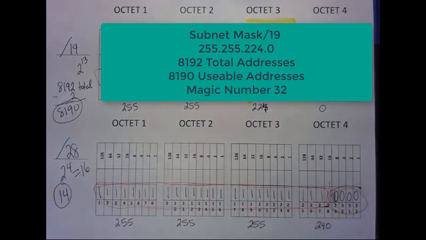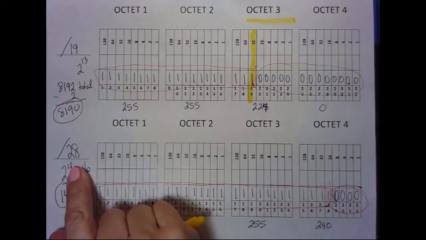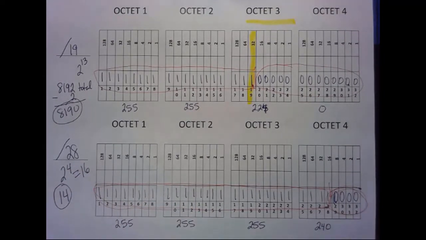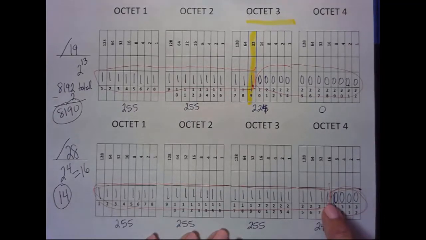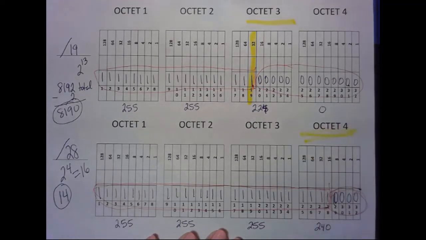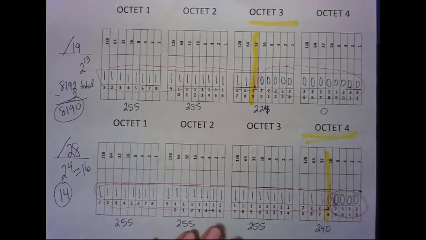Now let's look at a /28. We look for the very last network bit in the subnet mask. It's in the fourth octet, and its positional value was 16.